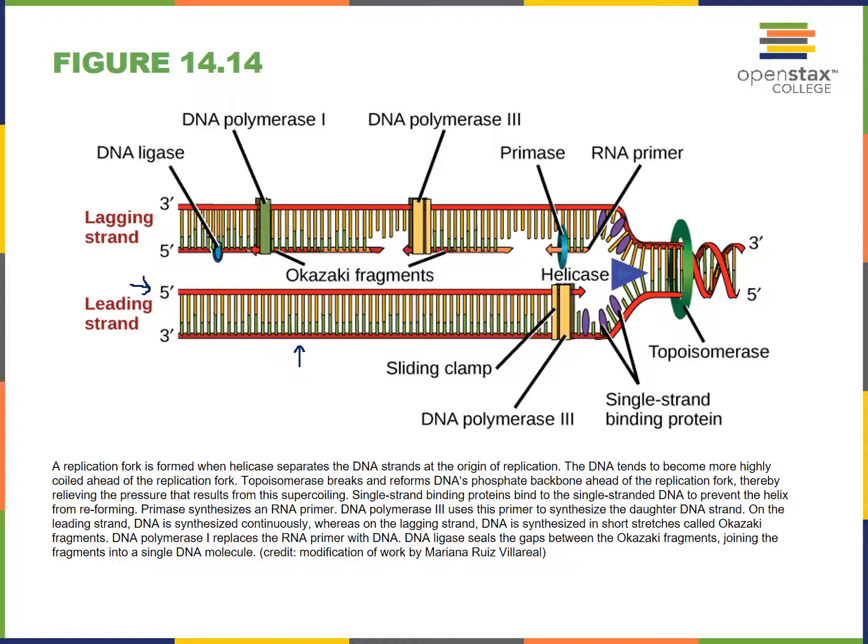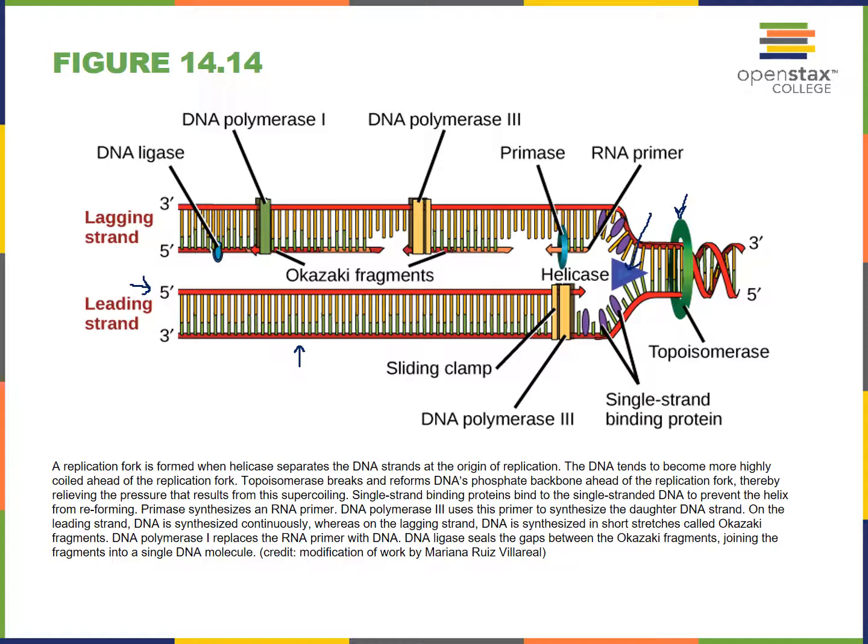So this green circle here is topoisomerase. Well, let's talk about topoisomerase in a second. This blue triangle is helicase. Helicase will separate the double-stranded parental DNA molecule into two single strands.